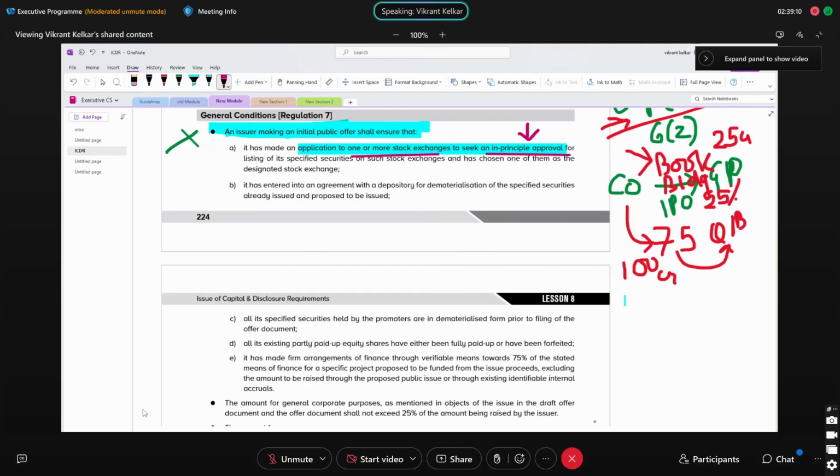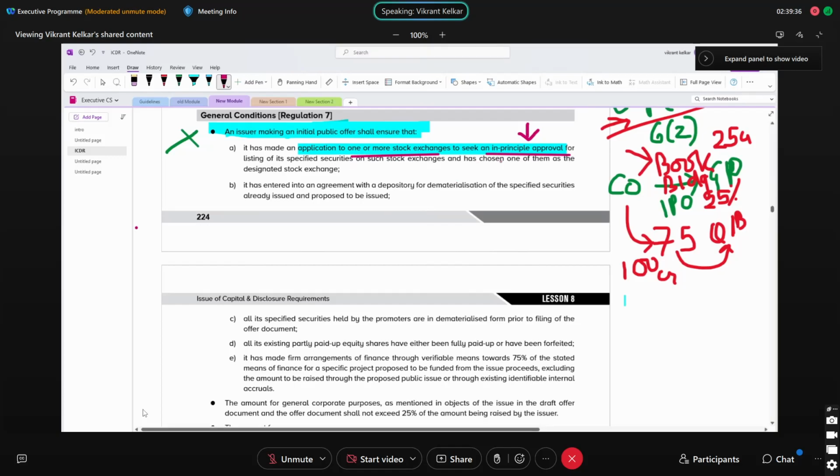BSE might have different rules, Calcutta Stock Exchange might have different rules, NSE might have different rules. So wherever you are interested to list your securities, you have to ask the exchange regarding what your eligibility norms are. Right now, common provisions or common rules are there under LODR. So hypothetically, you have to check the LODR and find out whether you are eligible or not.